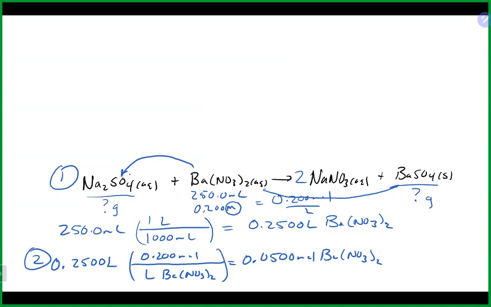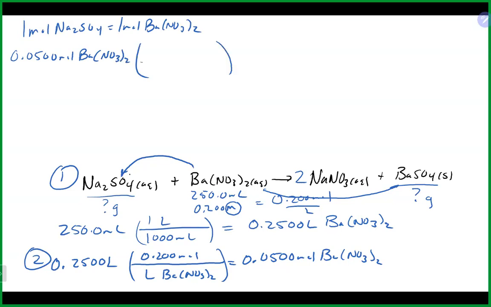In this case, 1 mole of sodium sulfate gives me 1 mole of barium nitrate, so that makes it pretty easy to continue on. We're going to go with our 0.05 moles of barium nitrate, and do the stoichiometry from the equation: 1 mole of barium nitrate will give me 1 mole of my sodium sulfate.